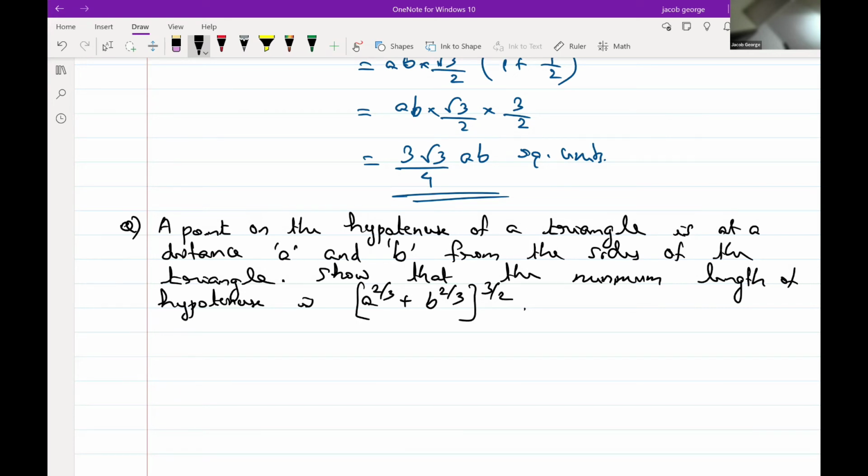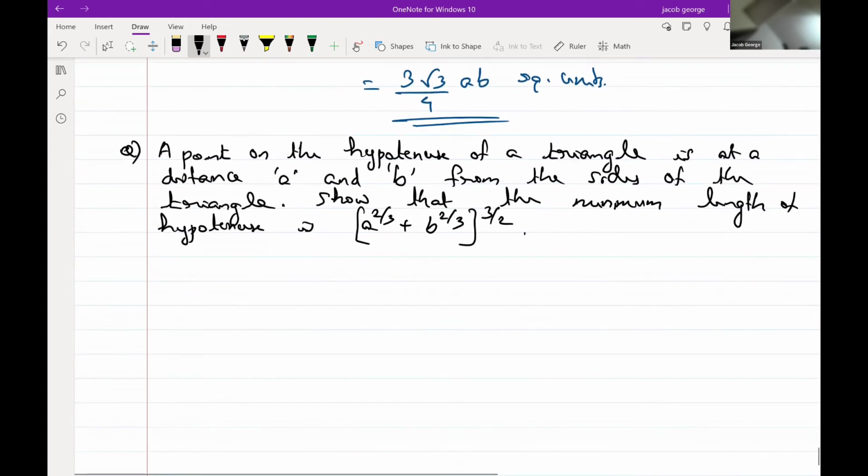Okay, so let's draw a right triangle. This question is based on a right triangle. That is why hypotenuse is mentioned. Hypotenuse of a triangle means it will be a right triangle. A point on the hypotenuse is at distance a and b from the sides of the triangle. That means from base and altitude, distances a and b units.